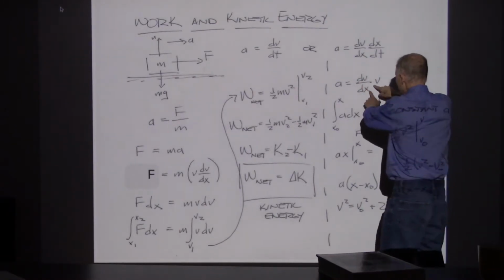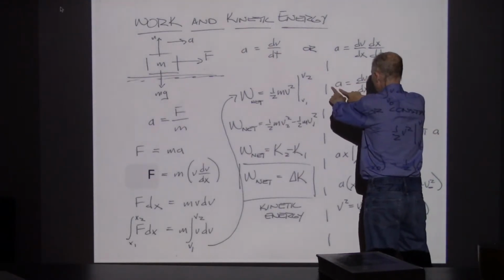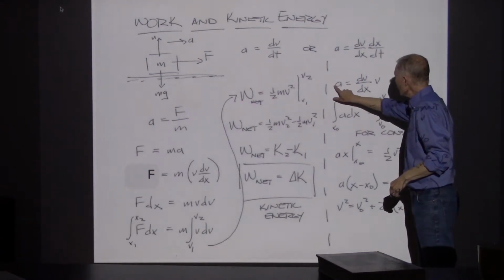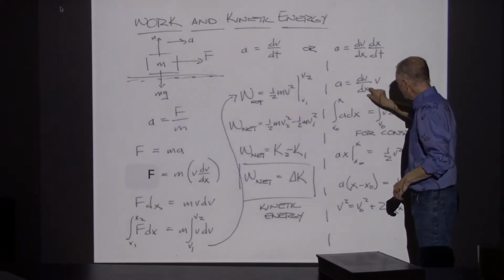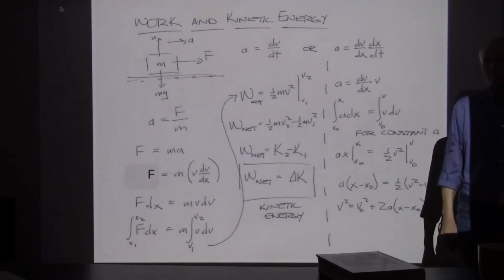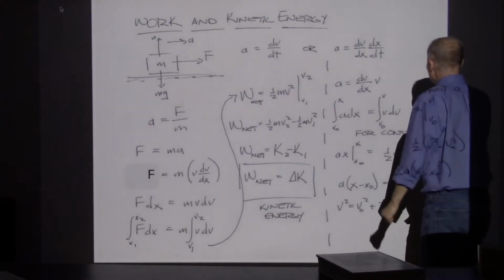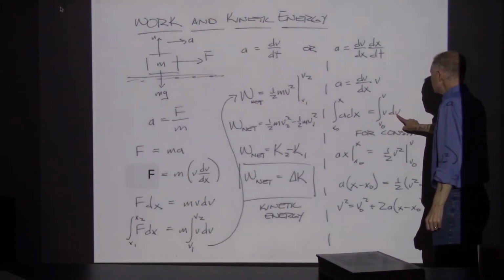What I could do is I could take the dx over and integrate both sides. What that would leave me with on the left is a times dx. I'm going to multiply both sides by dx. So the left side now is a dx. The right side is v dv.